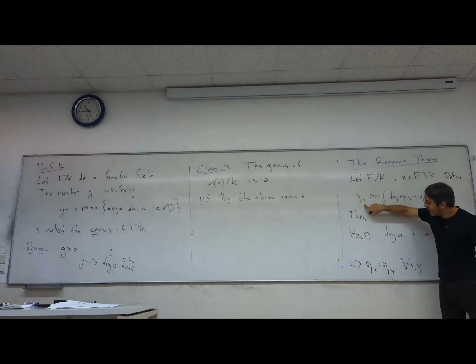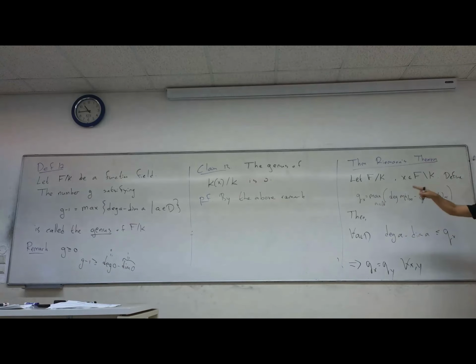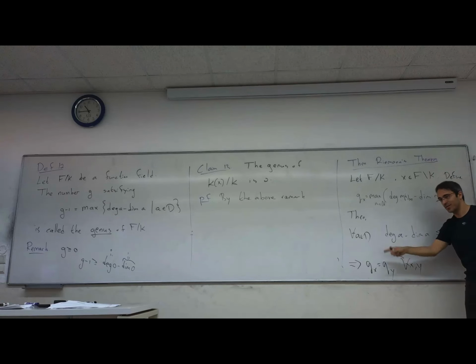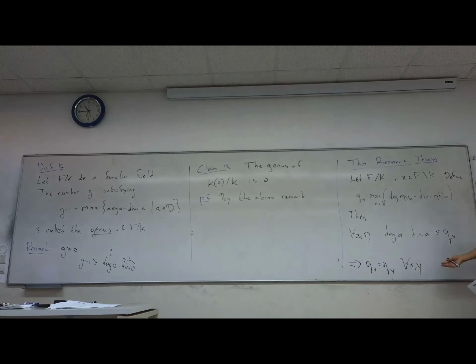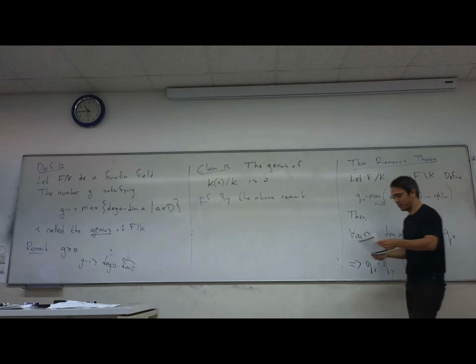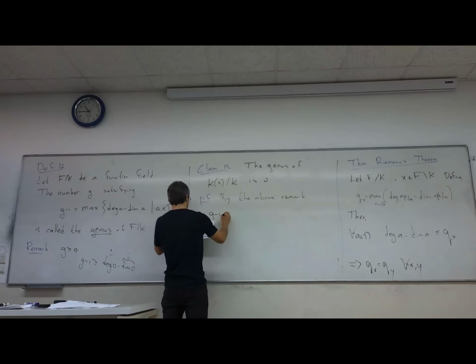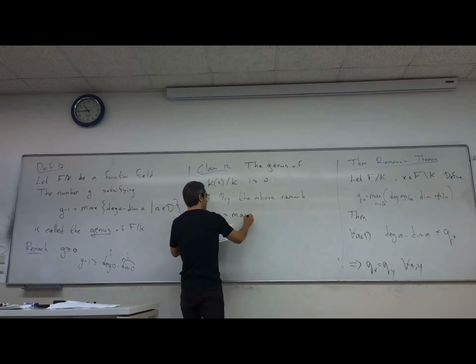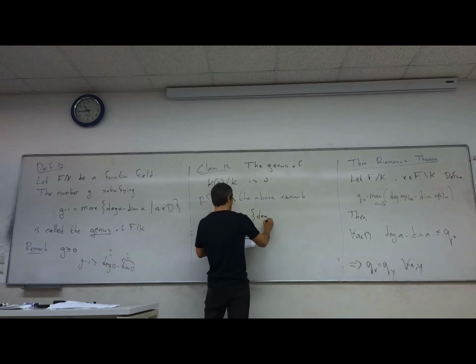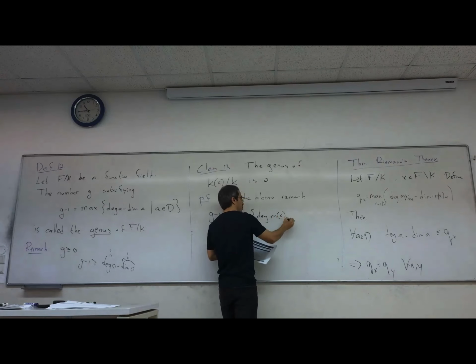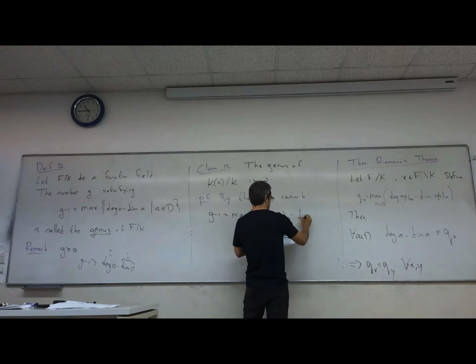It's enough to take any x, and look at this difference as m goes to infinity. That's how we bounded the genus. And using this corollary, it's the same number you get for every x as m goes to infinity. So g minus 1 is the maximum not over all divisors, but over all divisors like that.